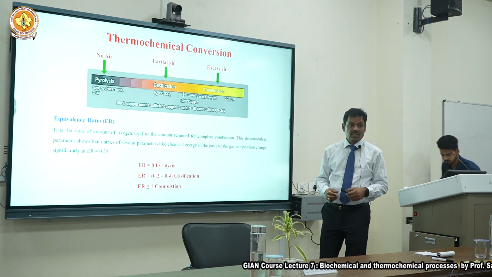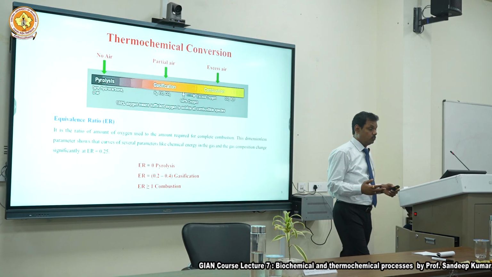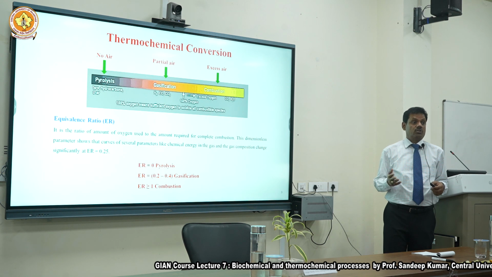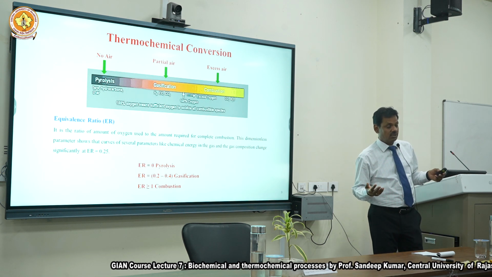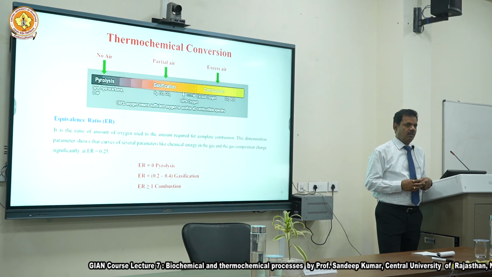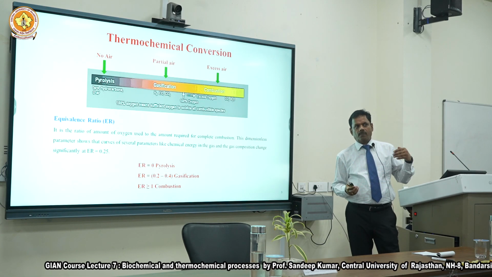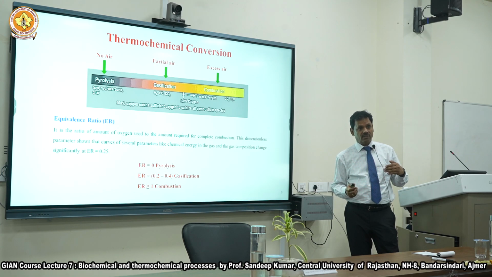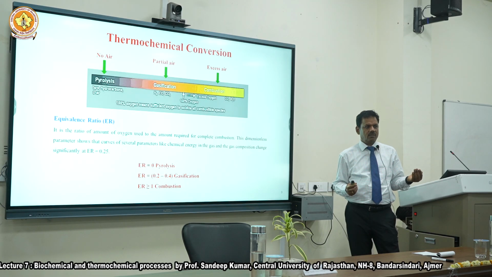For gasification, the equivalence ratio is 0.2 to 0.4, ideally 0.2 to 0.5 or something like that. For combustion, you supply enough oxygen to make sure everything burns, so the equivalence ratio is greater than 1. The equivalence ratio is how much oxygen you need for complete combustion versus how much you supply.